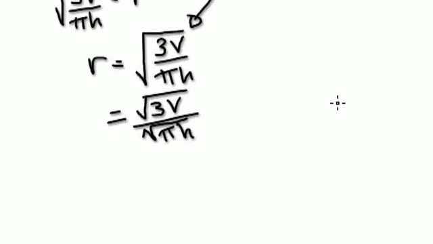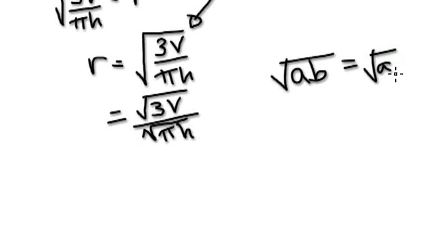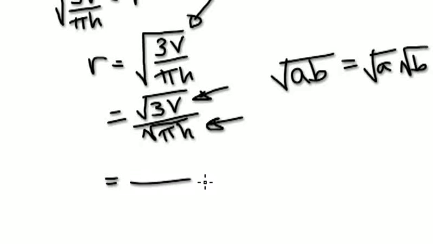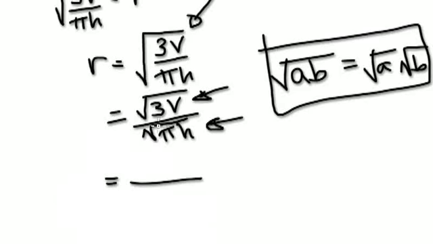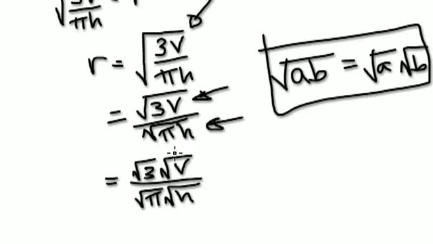Now I'm going to use the other property of indices: the square root of a times b becomes root a times root b. I'm going to use this for the top. I could do the same down here, but I don't really care about pi and h. I only care about v at the moment, I'm trying to isolate the v. So for the top part it's going to be root 3 root v. I could do the same here, but it's pointless, wasted energy.